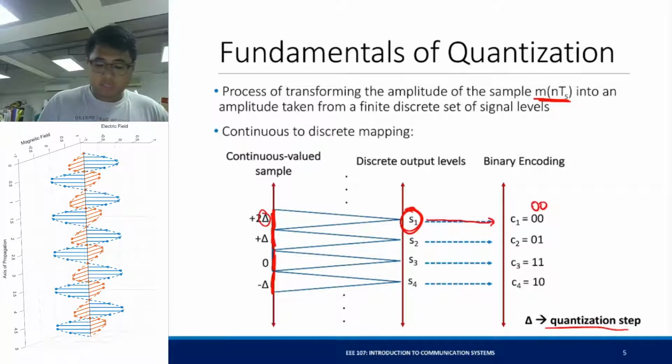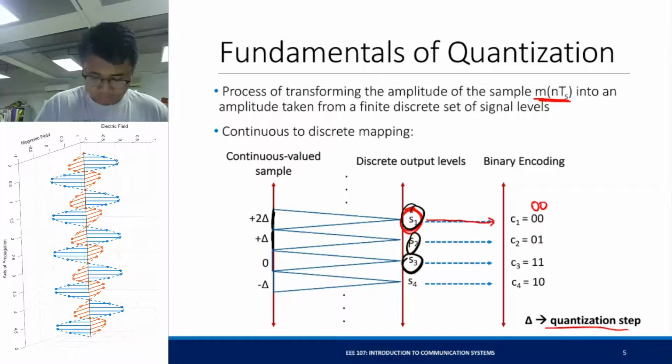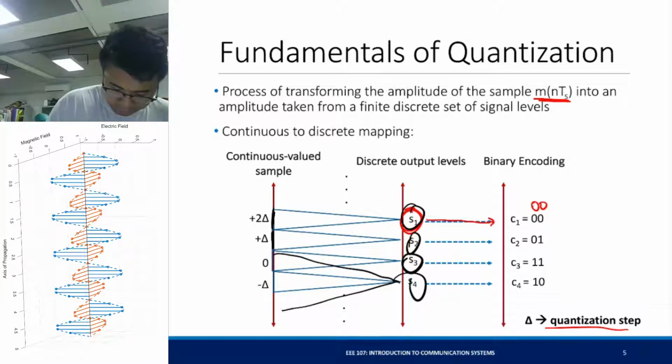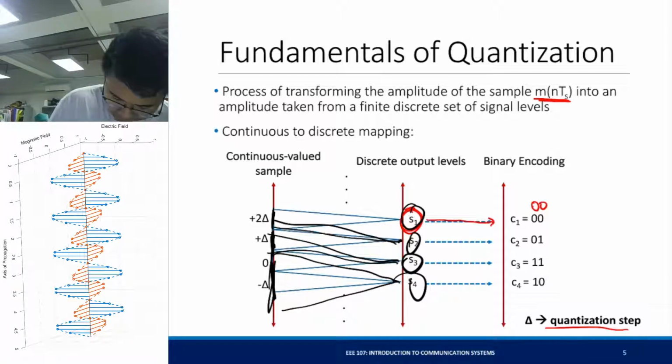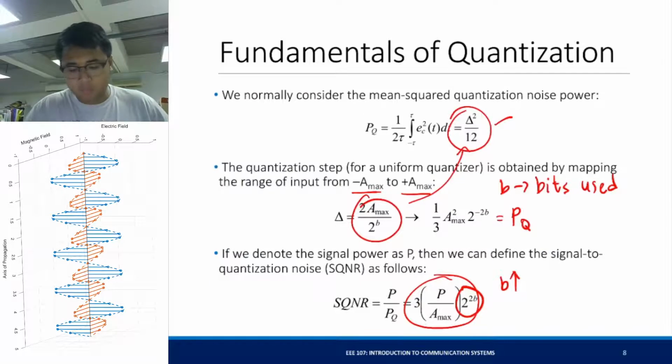Instead of a quantizing scheme that has the same range per symbol, we can say that this symbol occupies this range, this symbol occupies this range, this symbol occupies this smaller range, and so on and so forth. That is an example of your non-uniform quantization scheme.